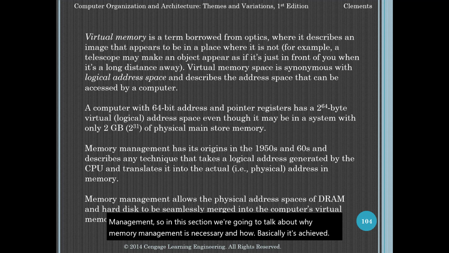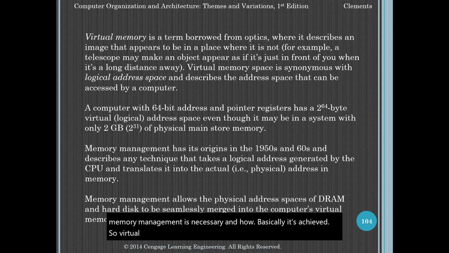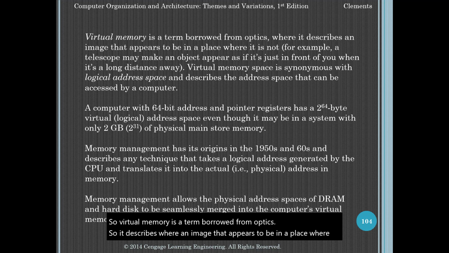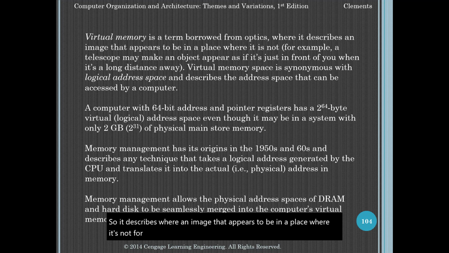Virtual memory is a term borrowed from optics. It describes where an image appears to be in a place where it's not. For example, a telescope might make an object appear as if it's right in front of you when it's really a long distance away.